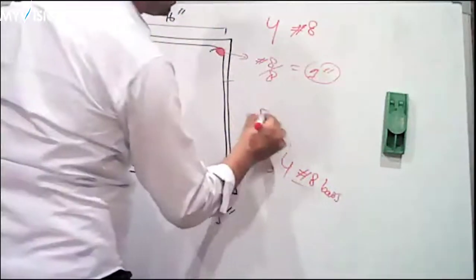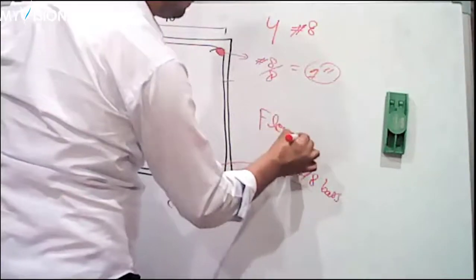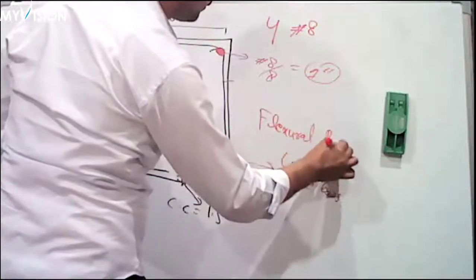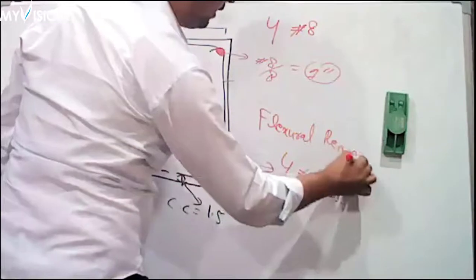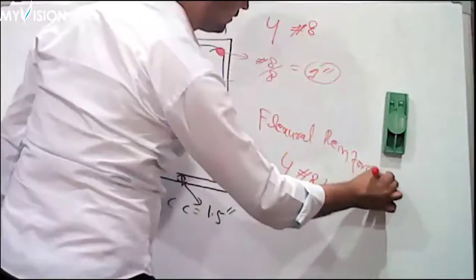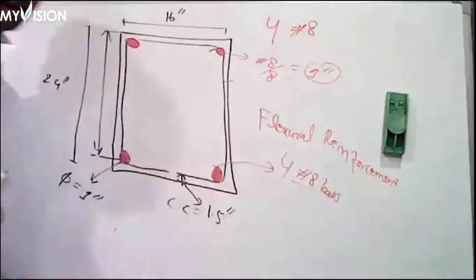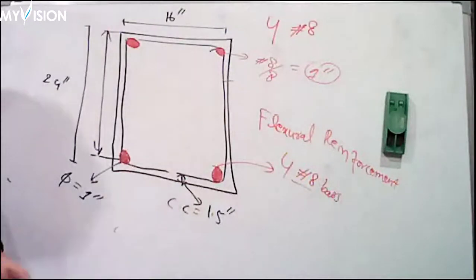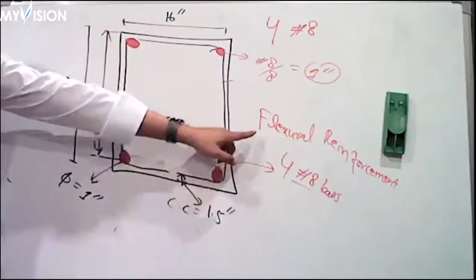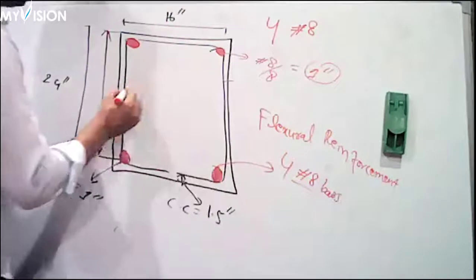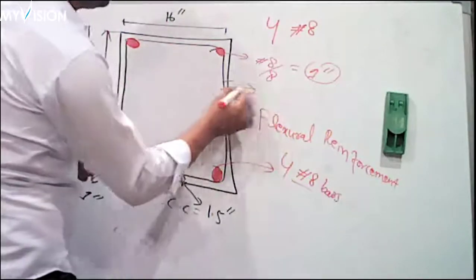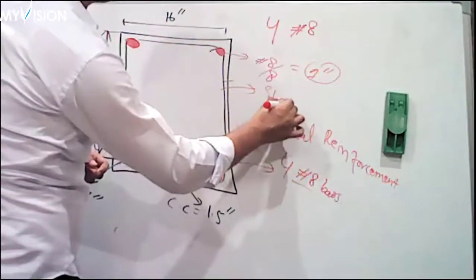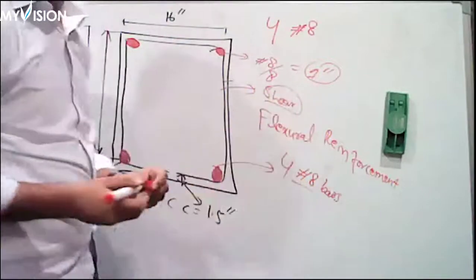The first part of the question is completed. The second part is remaining. The second part, shear reinforcement, will be calculated in the next class because the time is over.